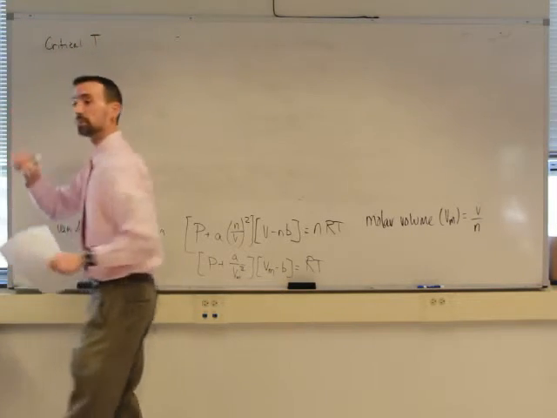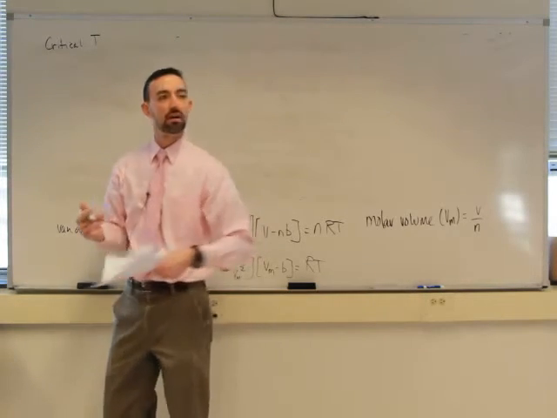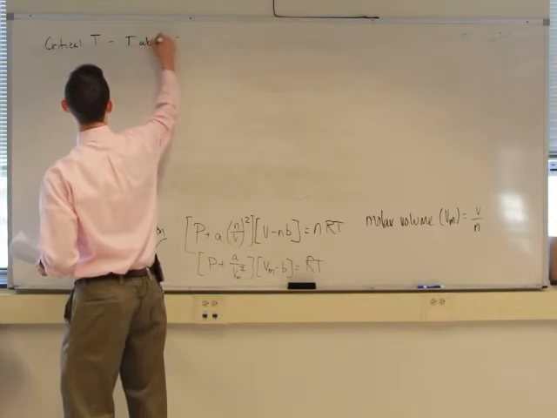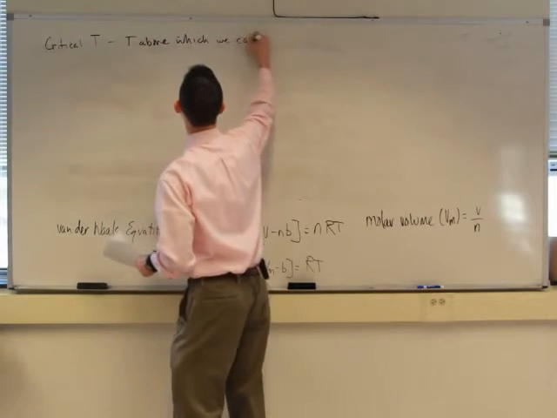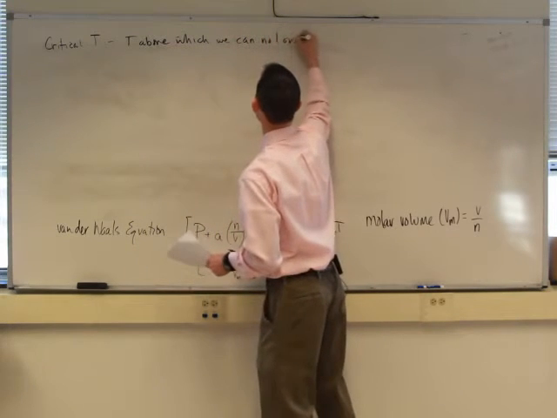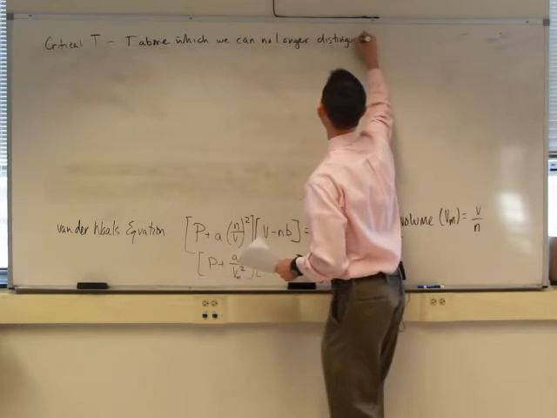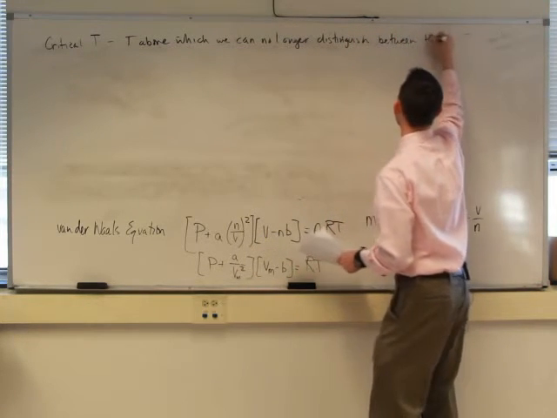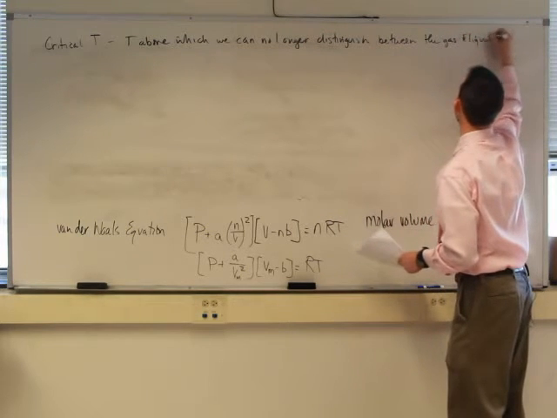When we get into chapter 11 and we study all phases, this will become more commonplace to us. But the critical temperature is the temperature above which we can no longer distinguish between the gas and liquid phase.